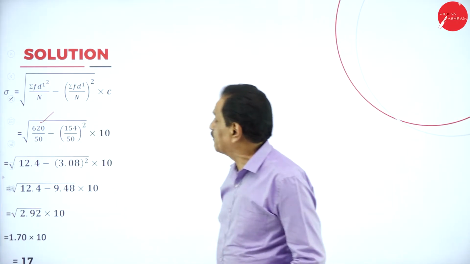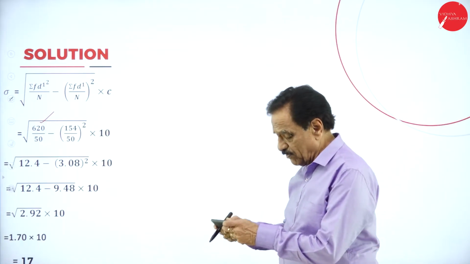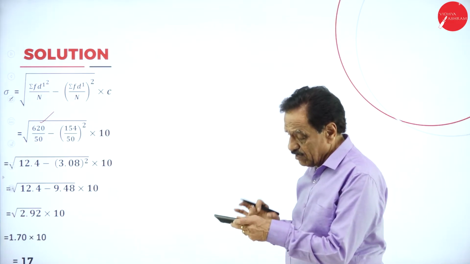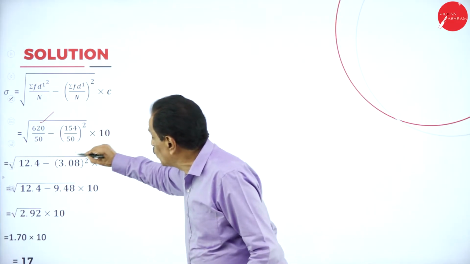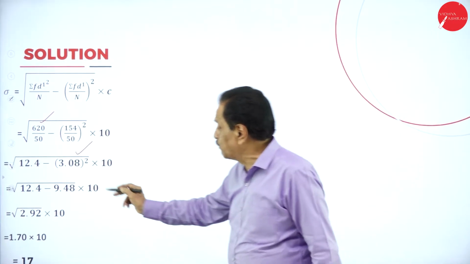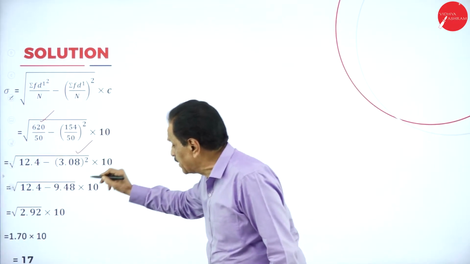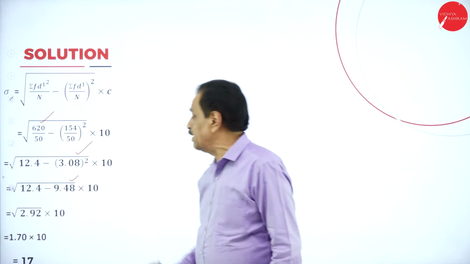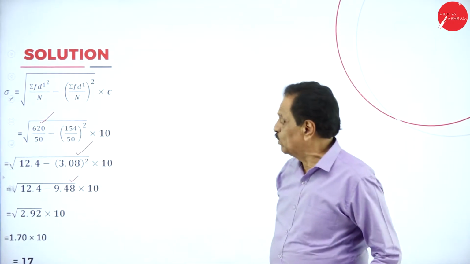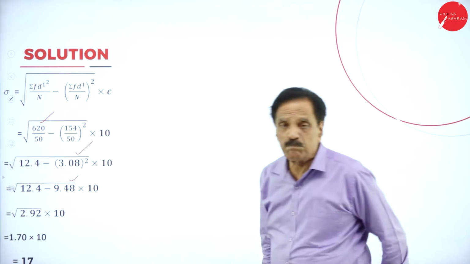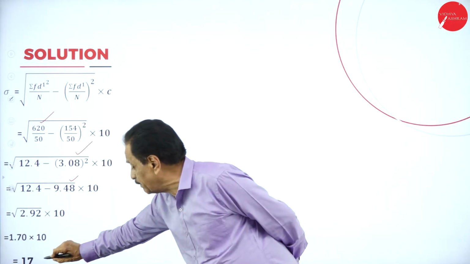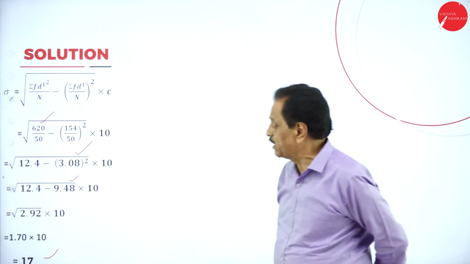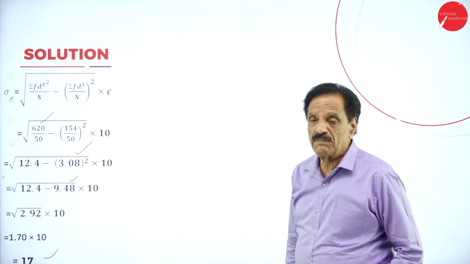Then 154 divided by 50 works out 3.08 whole square into 10. So 12.4 minus 9.48 is 2.92. Root of 2.92 is 1.70. Multiplied by 10 becomes 17.